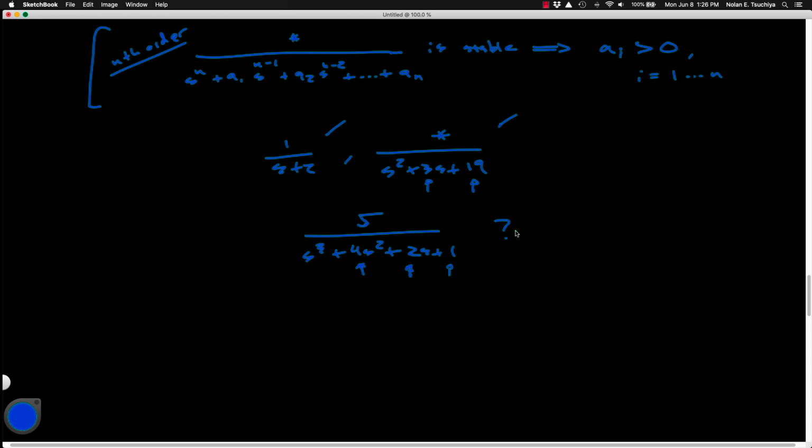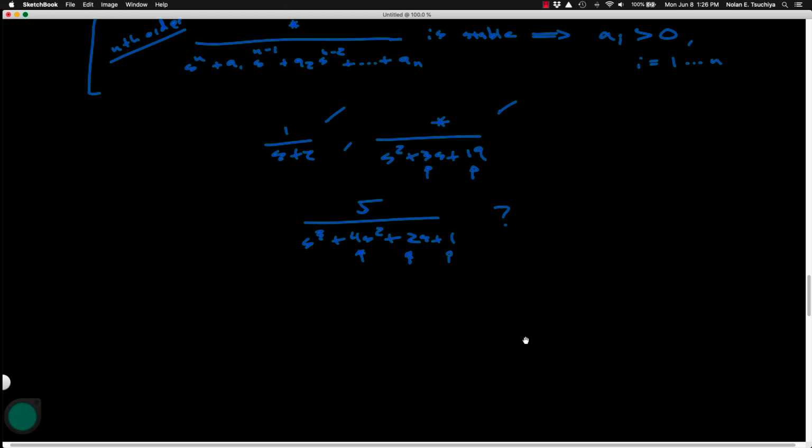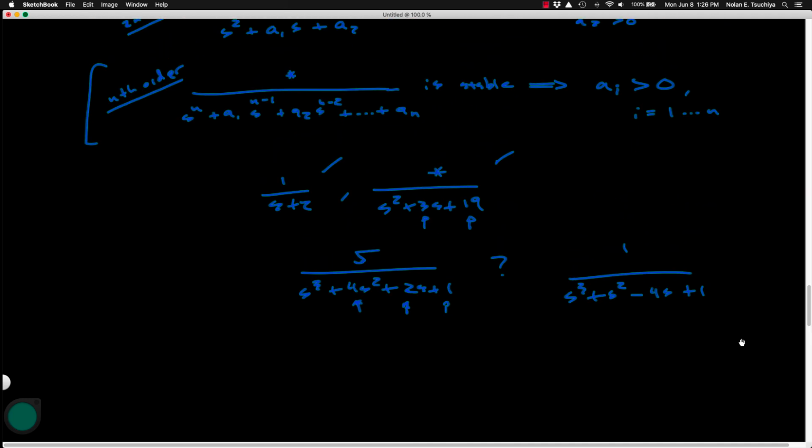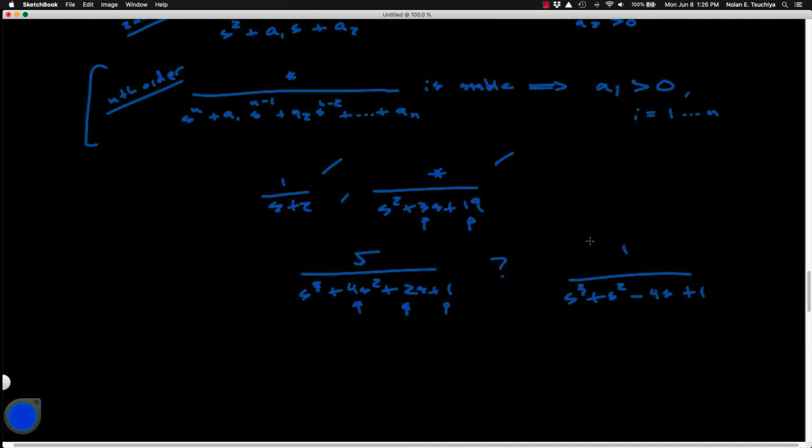That's the takeaway here. On the flip side, if I give you an example like this, let's say 1 over s cubed plus s squared minus 4s plus 1, there's no question here because this does not satisfy the necessary condition.